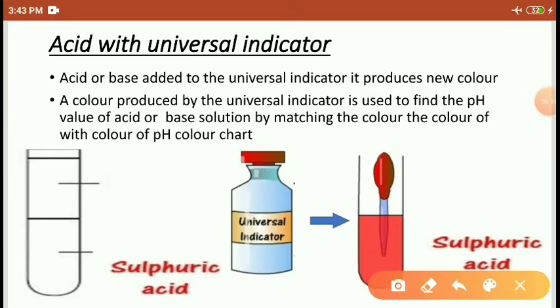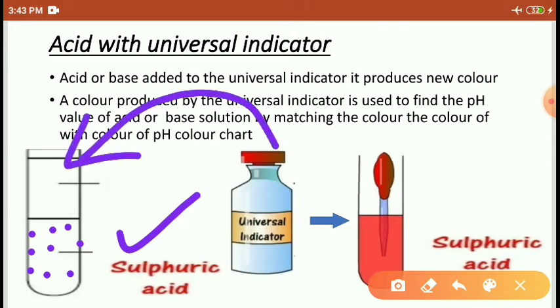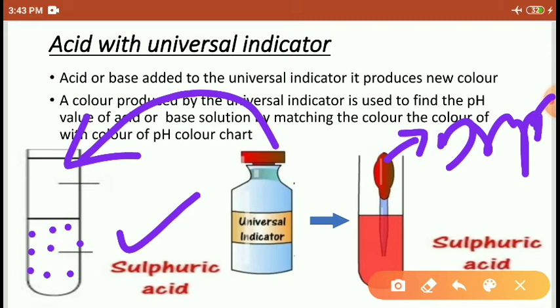So one example here: I am using the acid, sulfuric acid, in this beaker. If you add few drops of universal indicator through a dropper, this is a dropper students, then when we add the universal indicator to this colorless sulfuric acid, it turns complete reddish color.